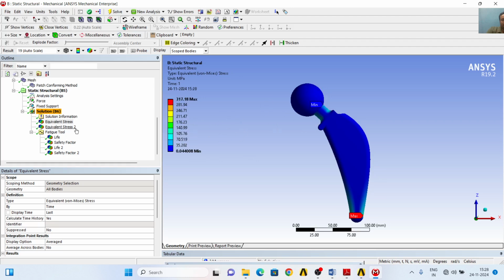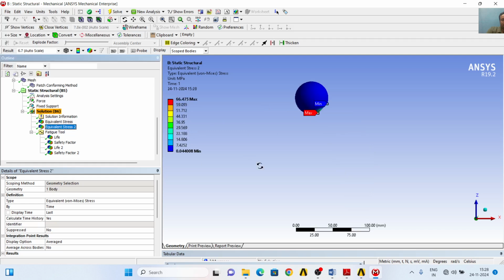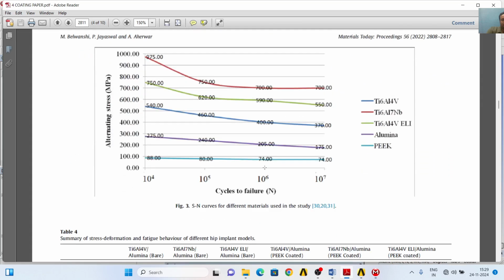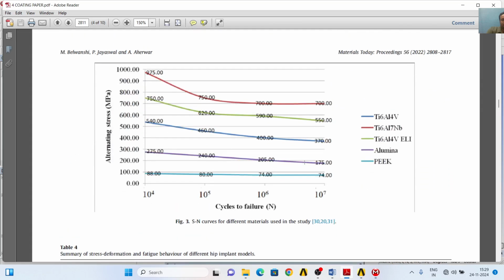Okay, and purely in the head, the minimum stress is here and maximum is here, and the maximum equivalent stress for the head geometry is 66.475, for which the stress limit for 10 to the power 7 cycles is 175.